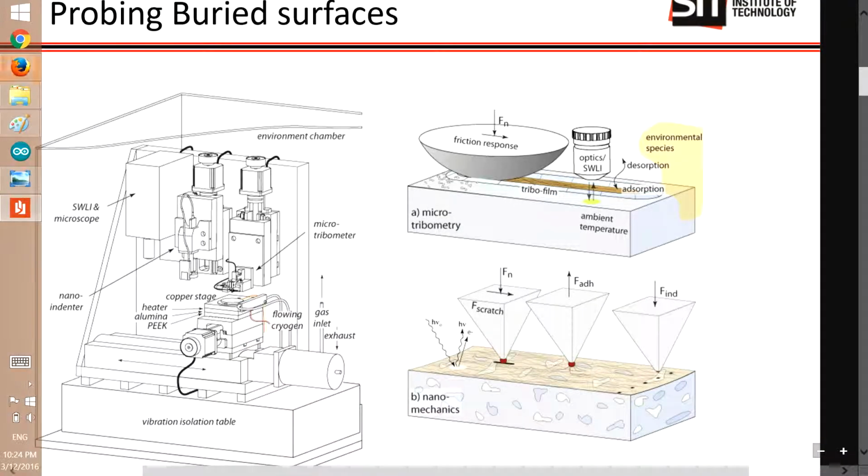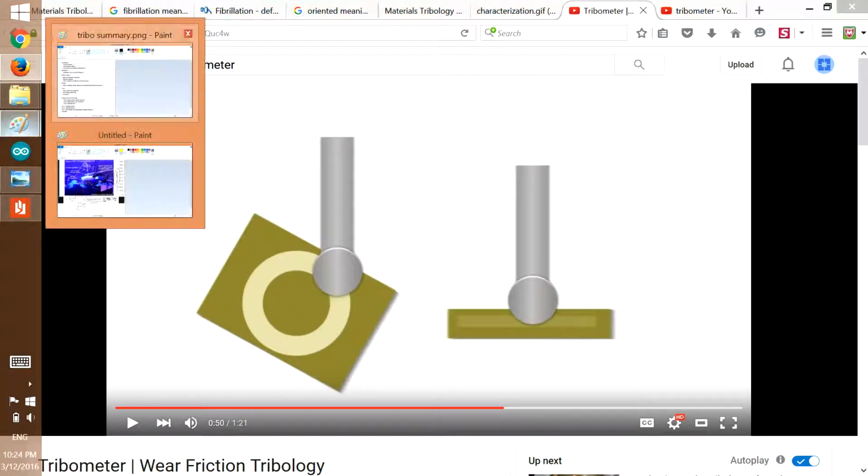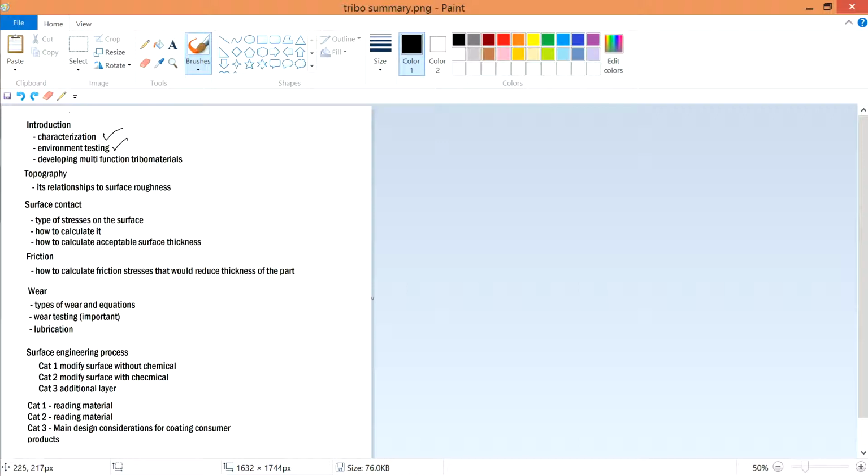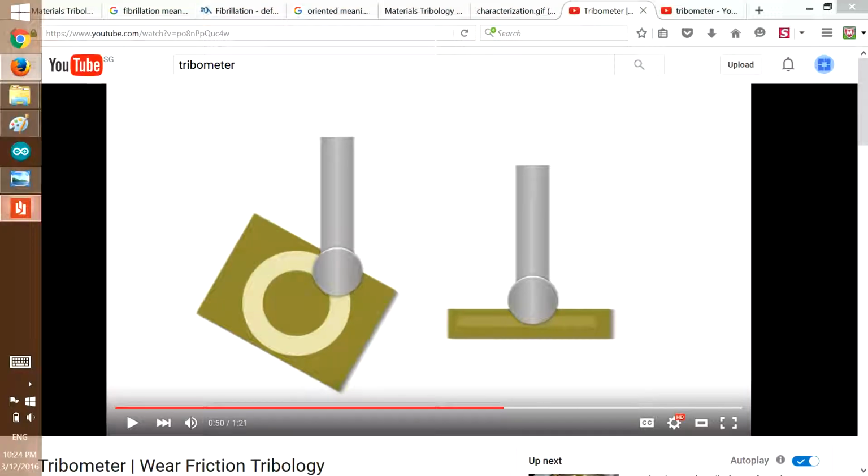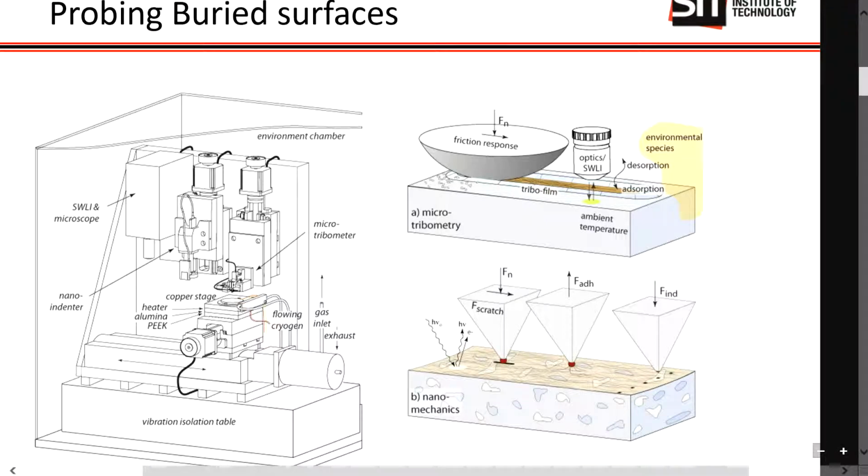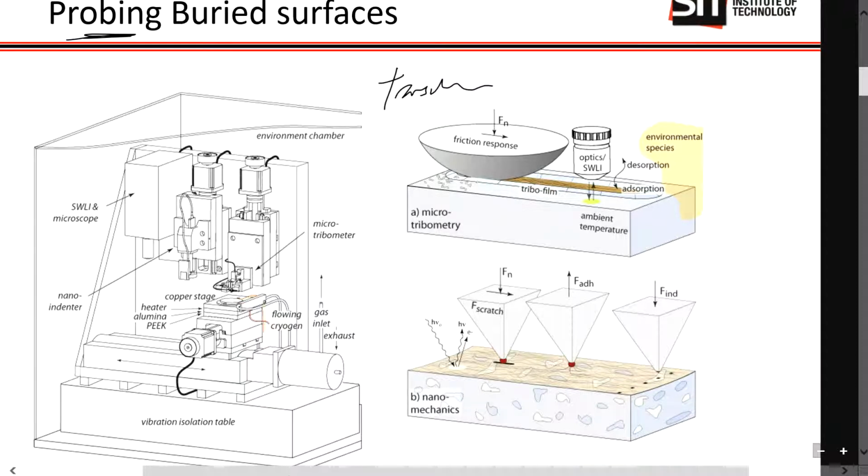I would still think that this part over here, probing buried surfaces, is still talking about the second one, environmental testing. Still talking about the testing stage, where they're talking about different probing devices, the transducer. Different transducers will give you different measurements.